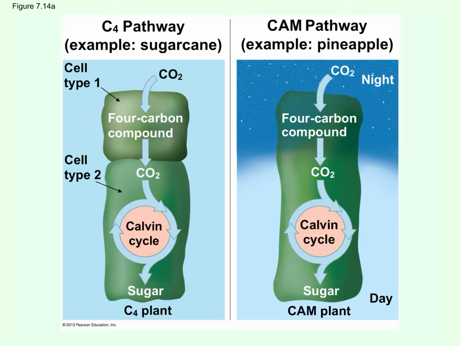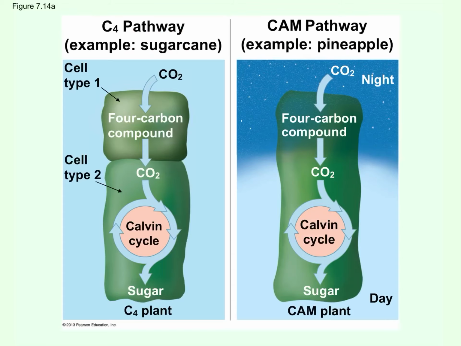C4 and CAM plants have evolved a way to store carbon dioxide. So on really, really hot days, even if they have to close their stomates, they store their carbon dioxide so they can use it even though they're not, quote unquote, breathing, even though they're not allowing the gases to come into their leaves during the day.